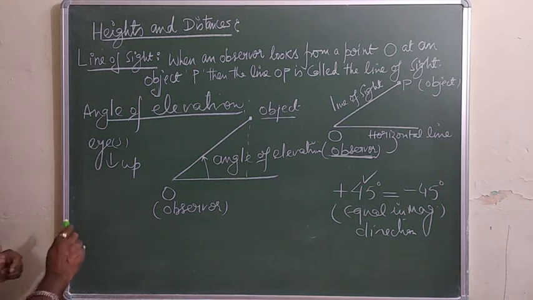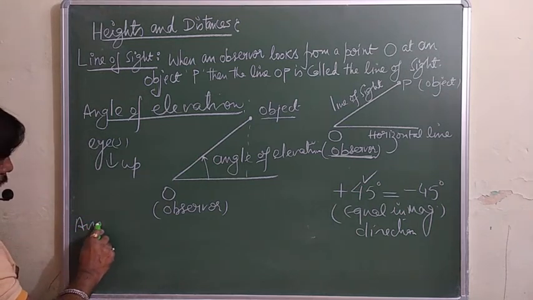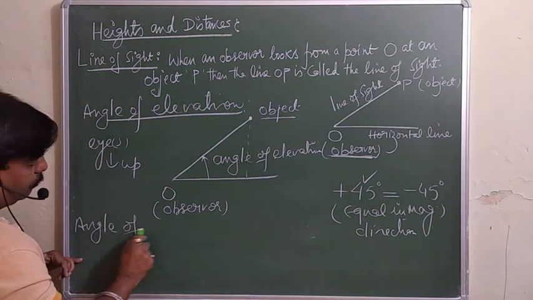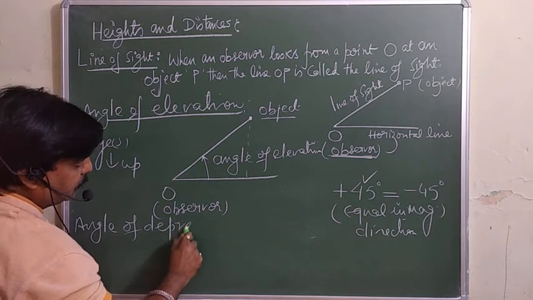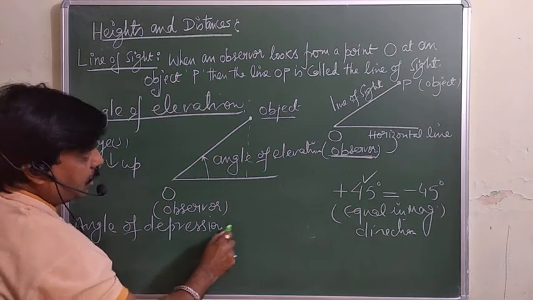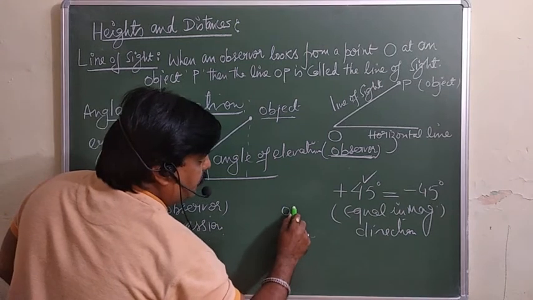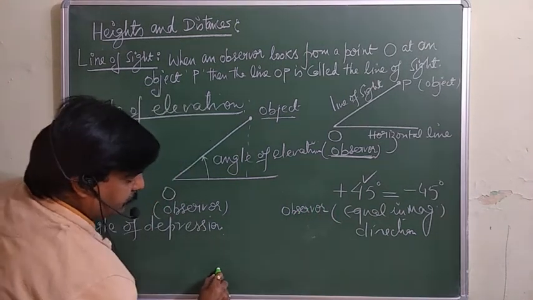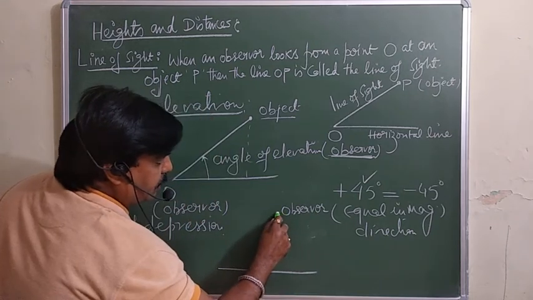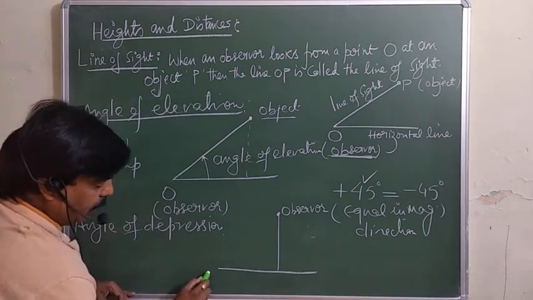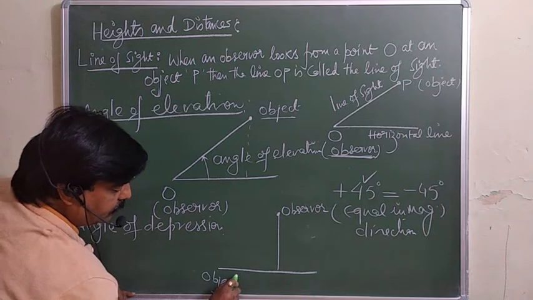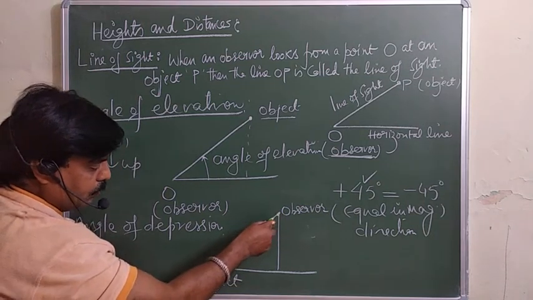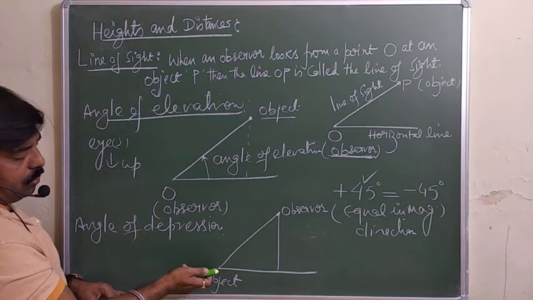Now next is the angle of depression. तो angle of depression में क्या होगा? Then the observer is here, on a particular height. Observer यहाँ पर है. And the object is here. He is going to observe this object.